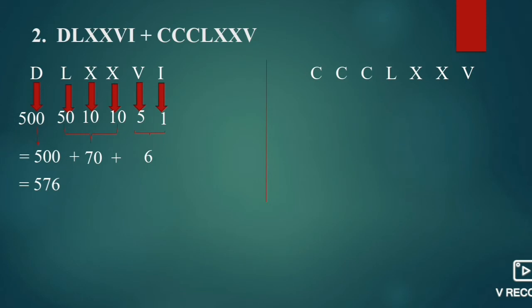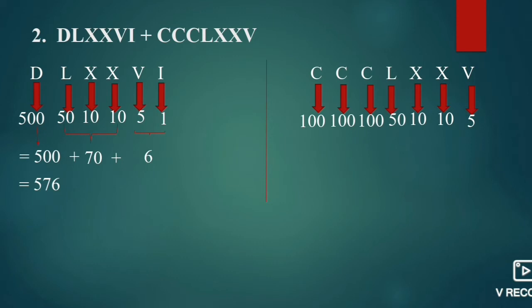Next, let us find the value of CCCLXXV. The value of C is 100. Again, C is 100. Once again, C is 100. Next, the value of L is 50. The value of X is 10. Again, the value of X is 10. And the value of V is 5.